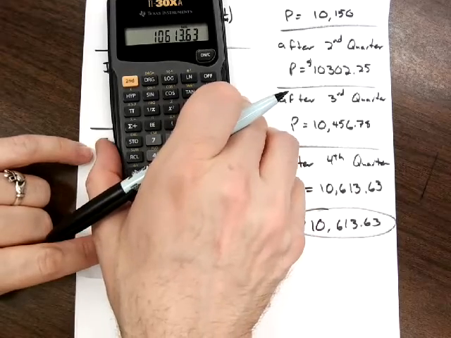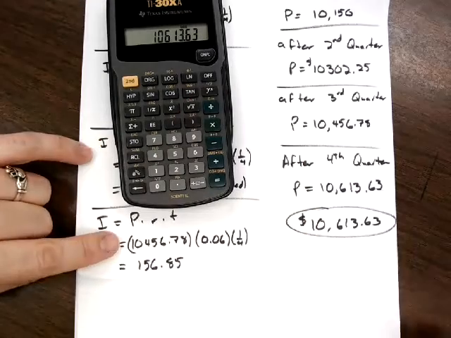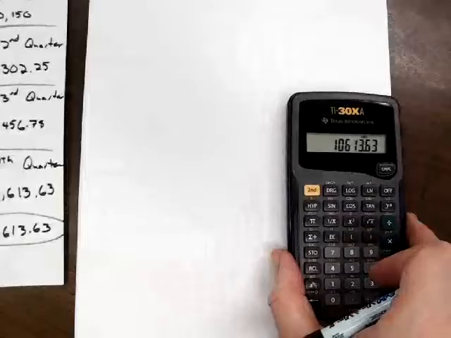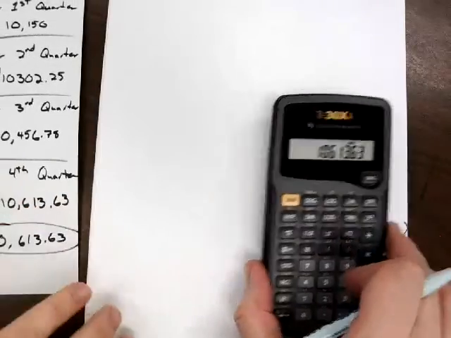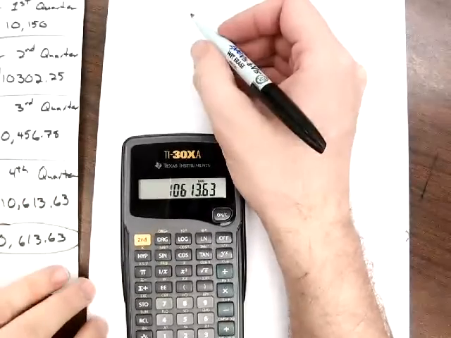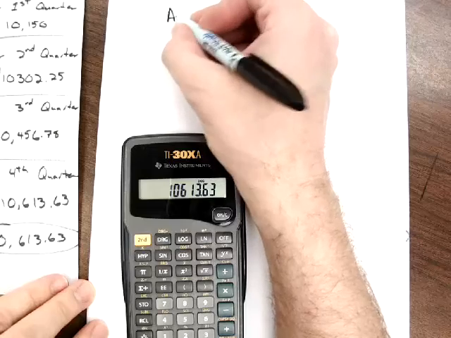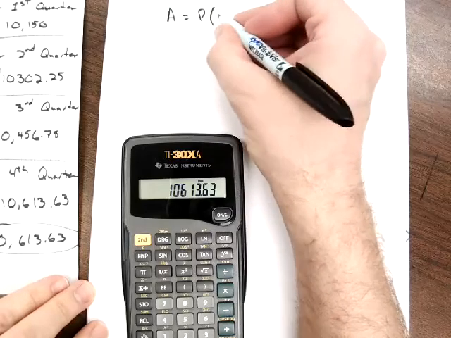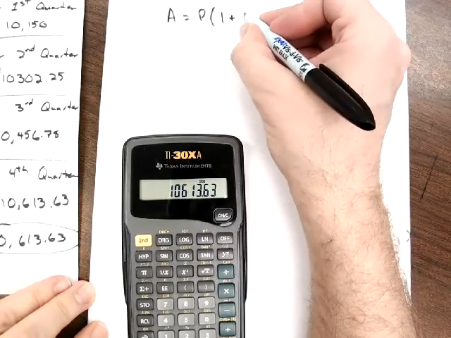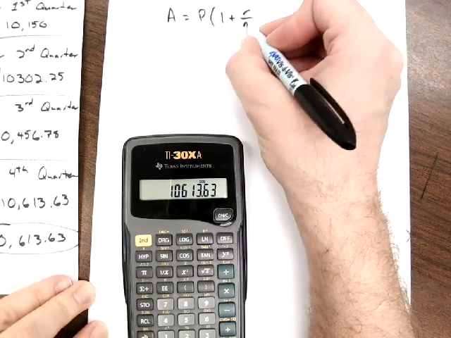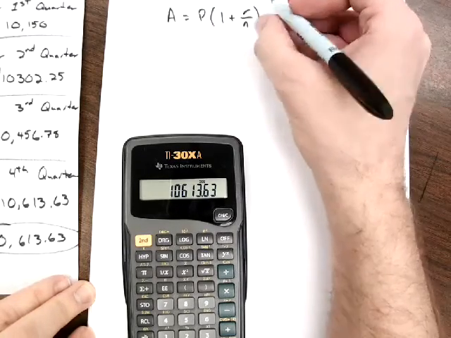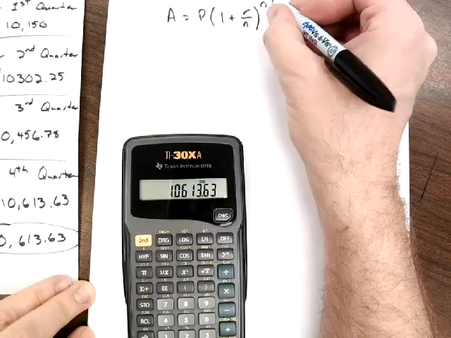Let's do this another way. Let's go ahead and use this other formula that I gave us, that amount is equal to our principal times 1 plus my rate over the number of times compounded, to the nt.